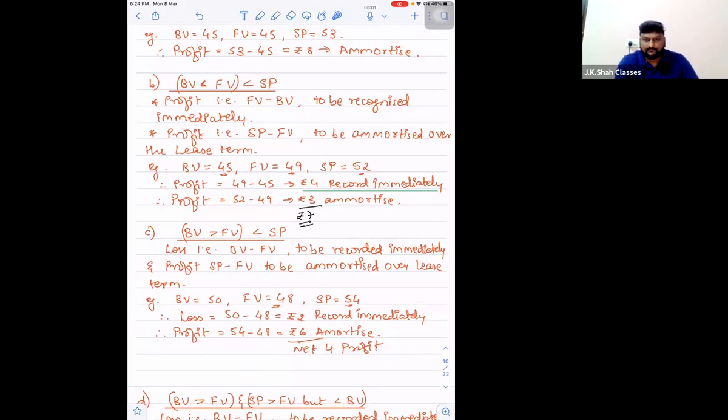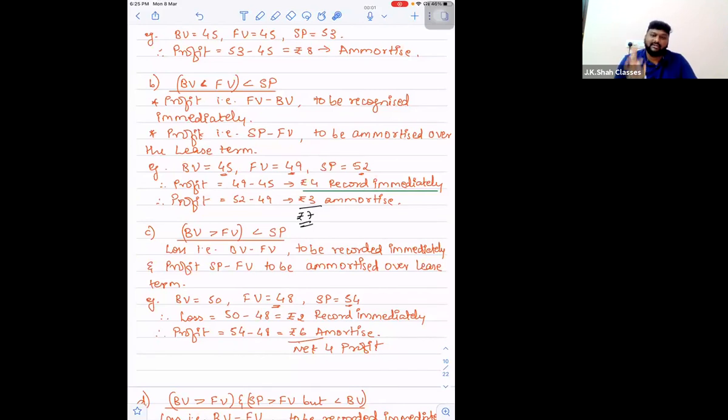Yes, Bharat. Sir, I have a small clarification. In case of SP greater than FV, the difference between SP and FV is always amortized, right? Yes. You please use the abbreviations correctly because you every time do a mistake. You read everything wrong and you confuse everybody.